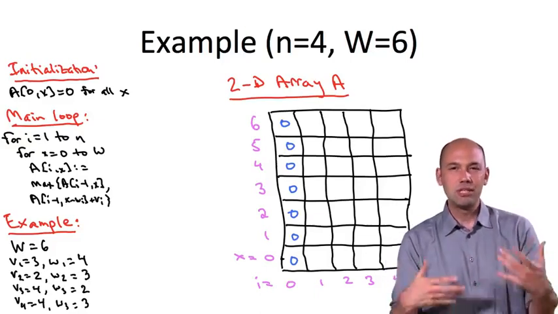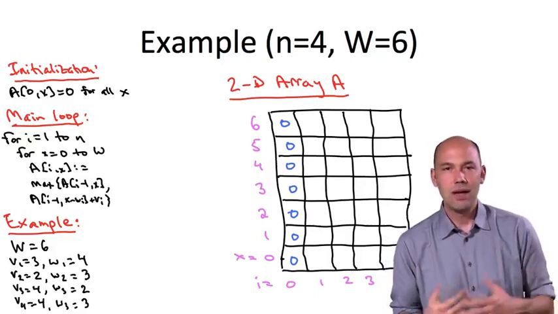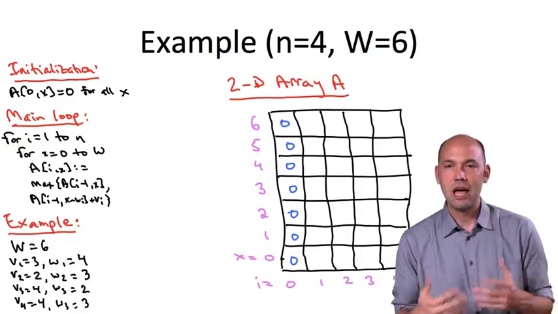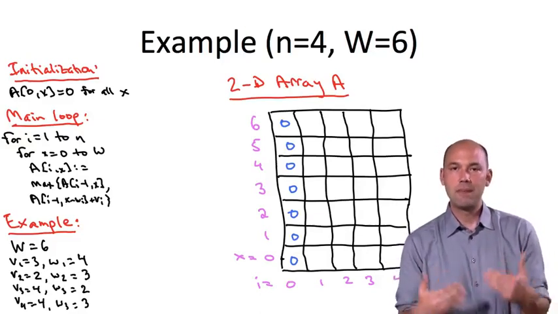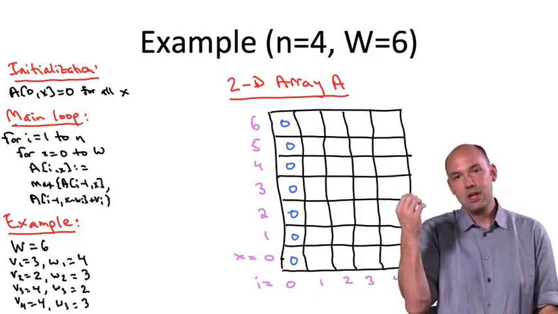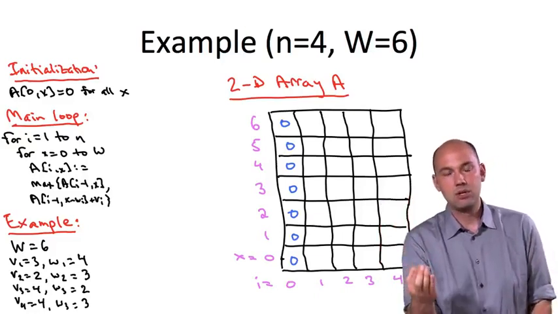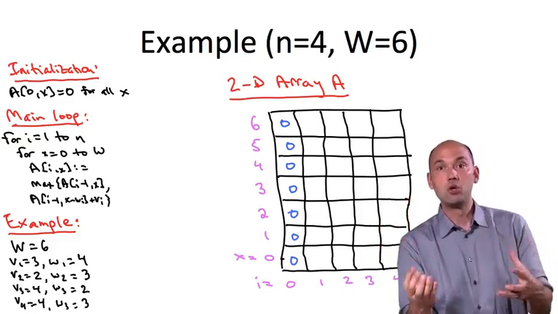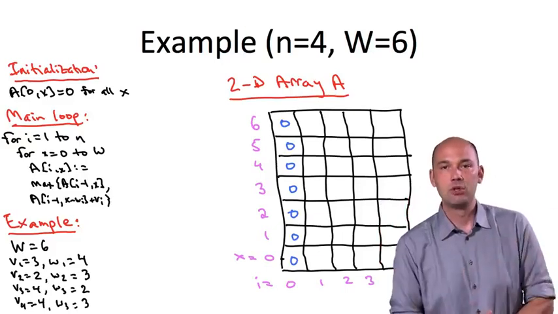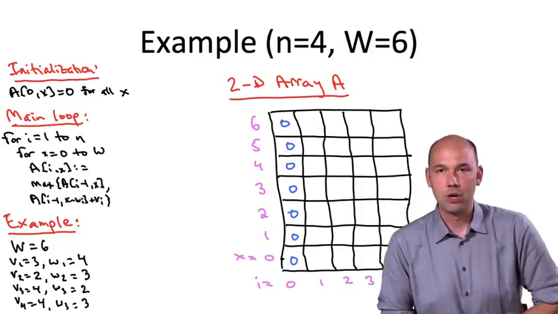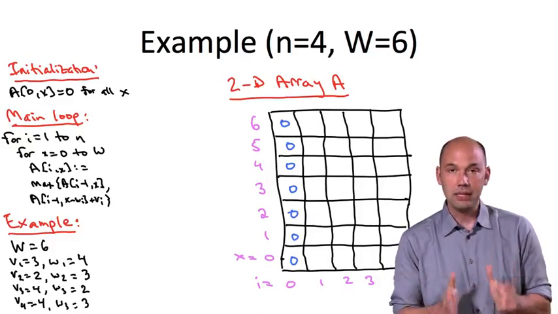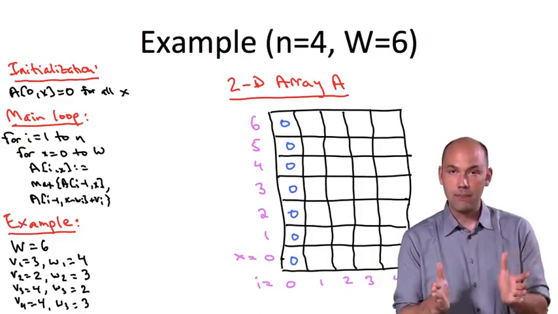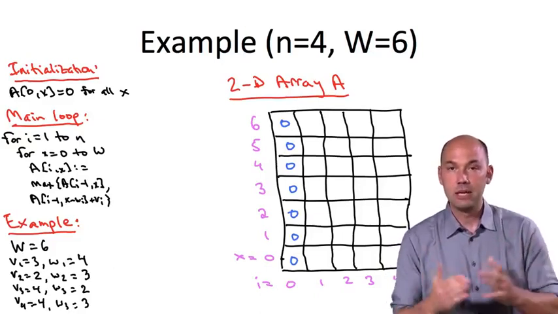Now, for the early subproblems in a column where you have essentially 0 residual capacity, it's kind of degenerate. If your residual capacity x is actually less than the weight of the current item you're considering, w sub i, you have no choice but to inherit the previous solution. You're not allowed to pack the current item i. Concretely, in this example, in the first column, notice the weight of the first item is 4.